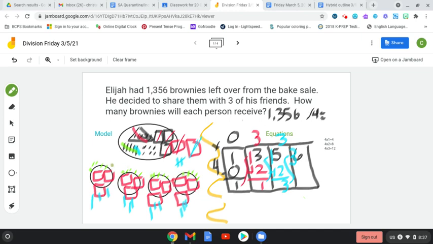We're getting closer. 21, 22, 23, 24, 25, 26, 27, 28. Now, if I only have 30, I can't go around again at this point. So I'm going to put these 2 up here in my little bank.